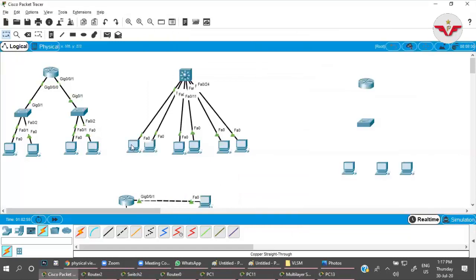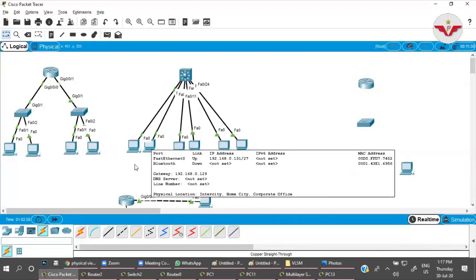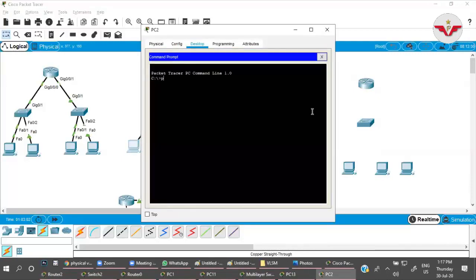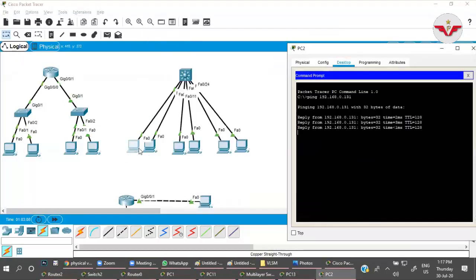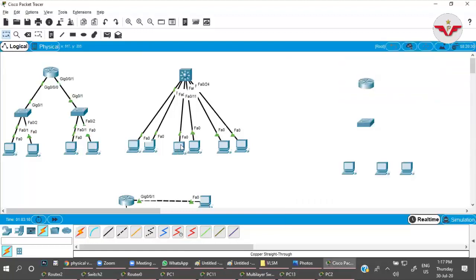The IP of this PC is 130 and this is 131. Let us check first. Ping 192.168.0.131. It's working, right? These two are communicating with each other. Now let us check with this PC. This PC's IP was 2, right?